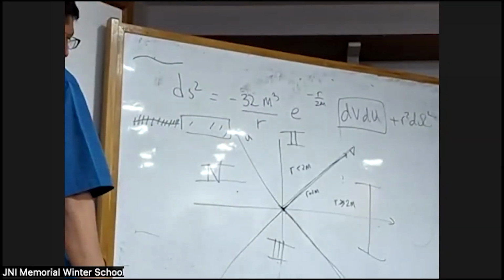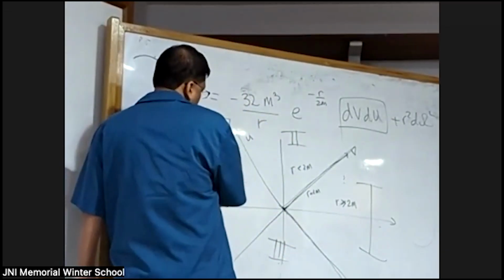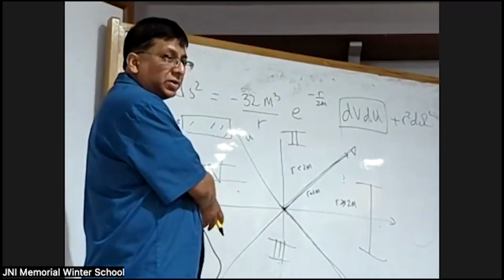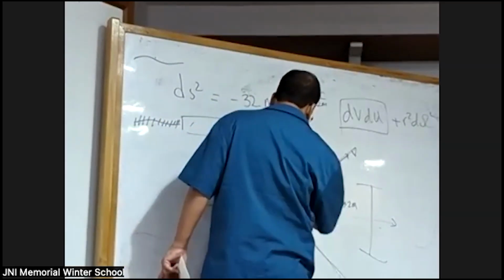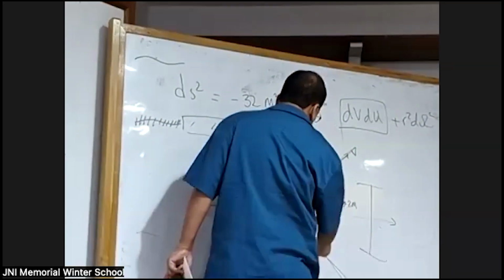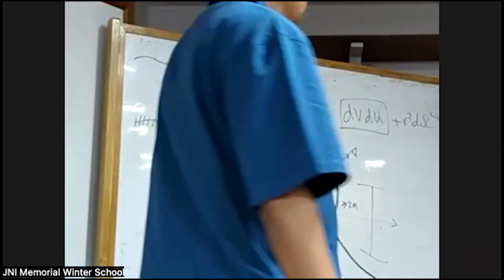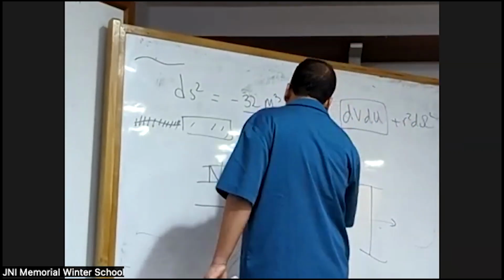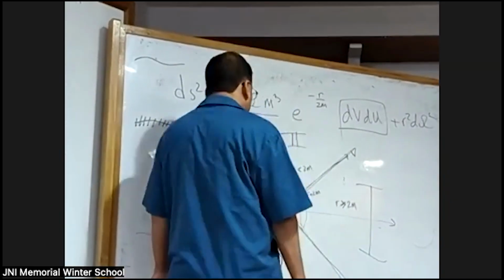What you can show is that this region is connected to this region through a kind of wormhole, although I won't show it now. These two regions are connected through an analytic continuation.